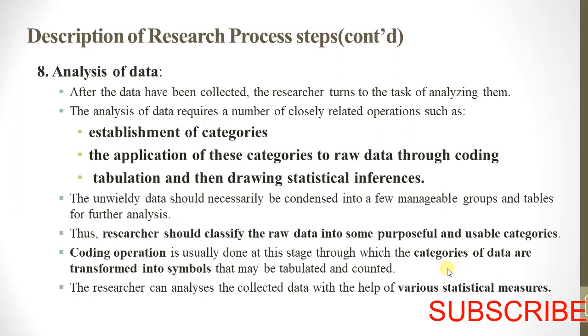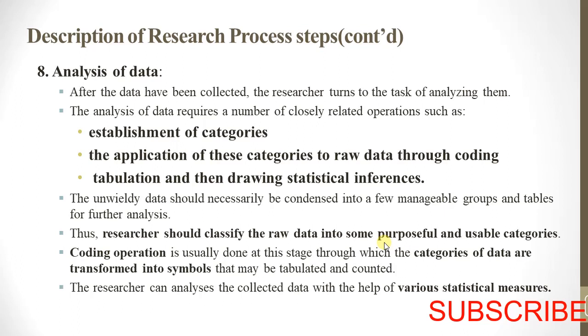The unwieldy data should necessarily be condensed into a few manageable groups and tables for further analysis. Thus, researchers should classify the raw data into some purposeful and usable categories.